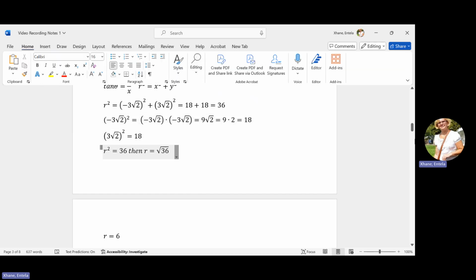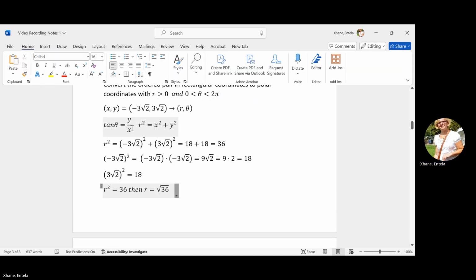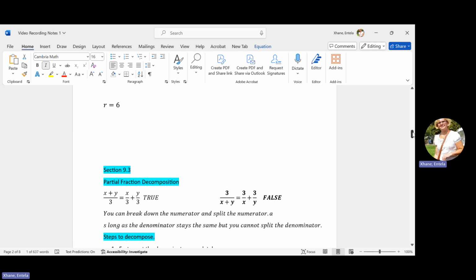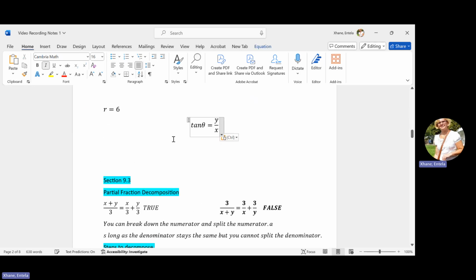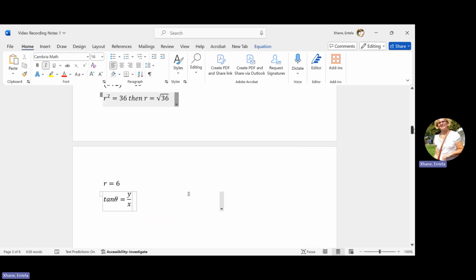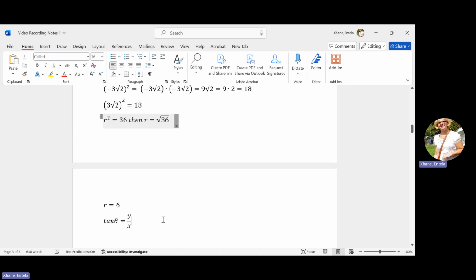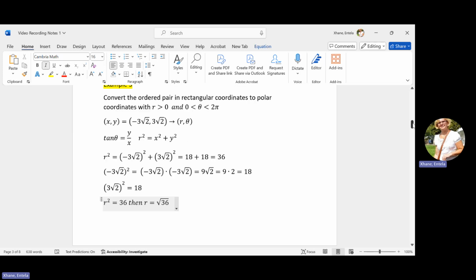Now let's focus on the second step. Now I need to get the second coordinate, which is theta. To get the second coordinate, I have to rely on tangent theta. And tangent theta is the ratio of y over x. So what is my coordinate y? So let's go back.